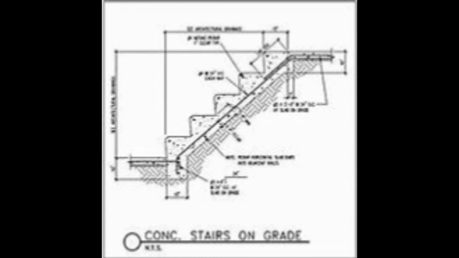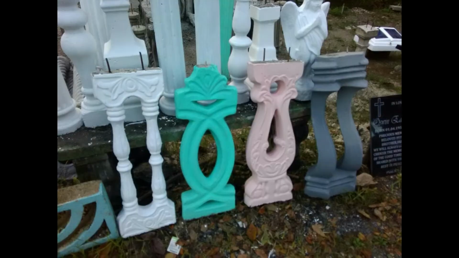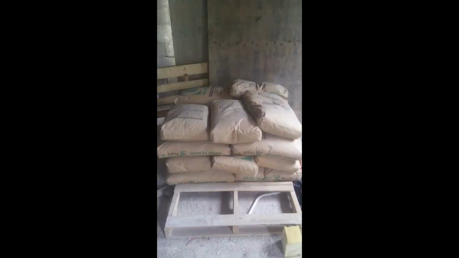So after you have all the calculations done and you know what your measurements ought to be, the next thing is to draw a detailed sketch of your stairs. Next, you're going to assemble all the materials you will need, all the building materials such as your lumber and your nails and your steel and what have you.